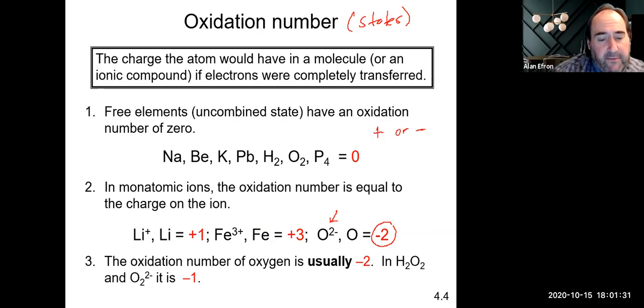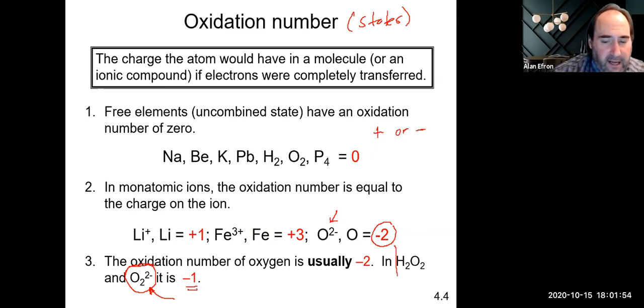There is a case, I don't want to say rare, where oxygen will not be -2, and it is this case right here. It is if it is peroxide, and this is actually peroxide right here. This is a polyatomic ion, which is peroxide. In this particular case, the oxygen would be -1.